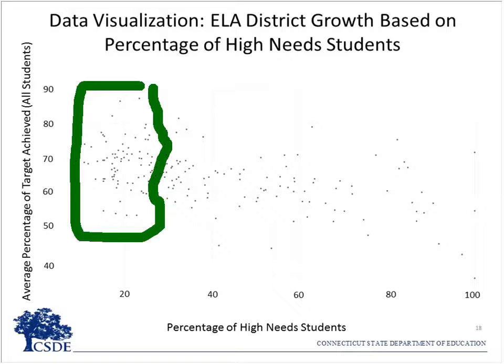But you notice that some districts have average percent of target achieved of around 50 to 55%, but then there are other districts that are around 80% average percent of target achieved for all their students. So these districts have similar compositions in terms of the percent of high-need students, but are achieving very different growth results. That's what this chart is trying to illustrate.